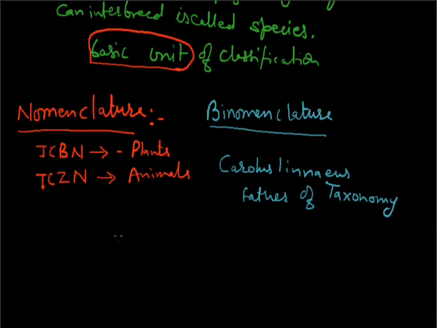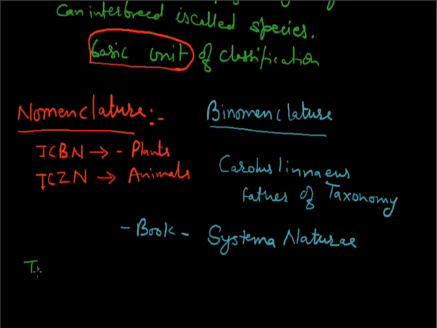He gave the binomial nomenclature in his book. The name of the book is Systema Naturae. In this book, he gave the nomenclature. According to this nomenclature, the scientific name of every living being has two words. So we call it binomial nomenclature.